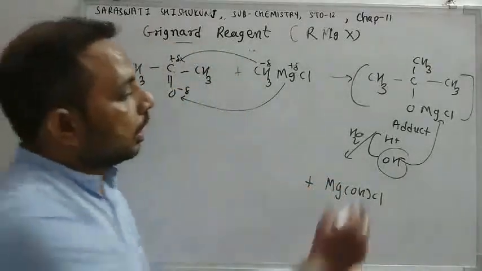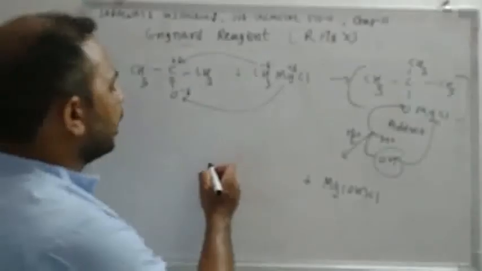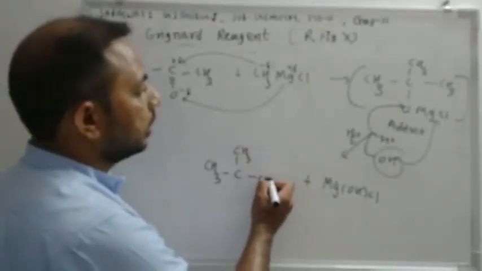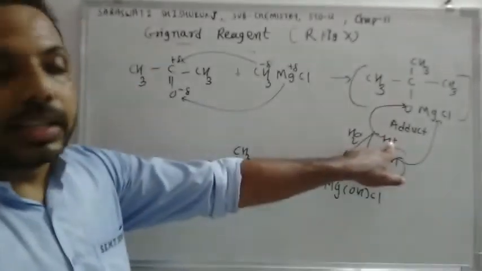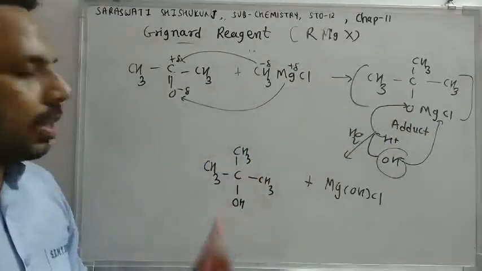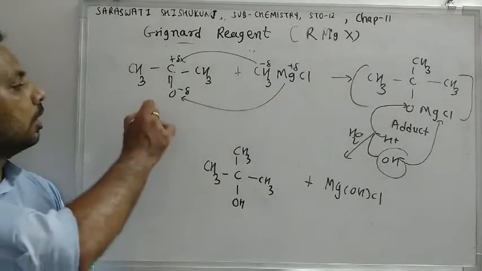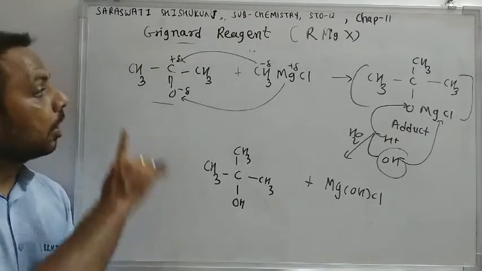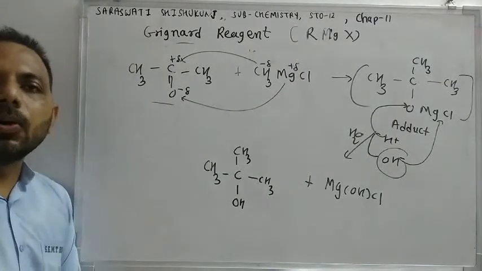This H plus, this proton, is attracted by the oxygen, so we get CH3 C(CH3) OH. So this is the final product, alcohol. We can say that for the reaction of ketone, the final product is tertiary alcohol.